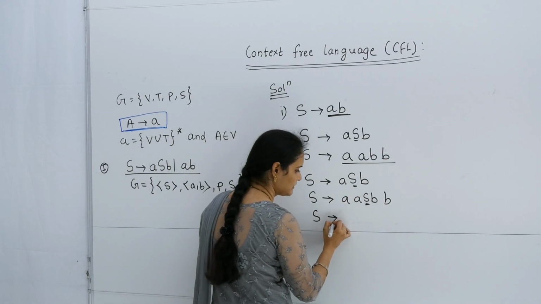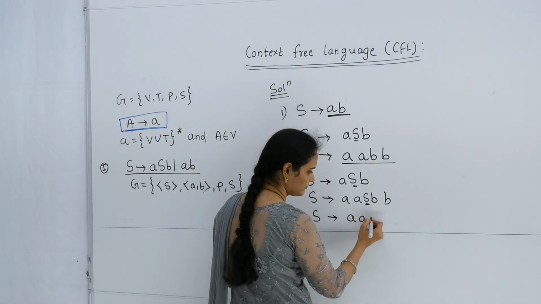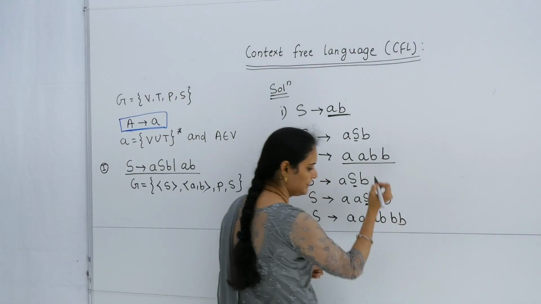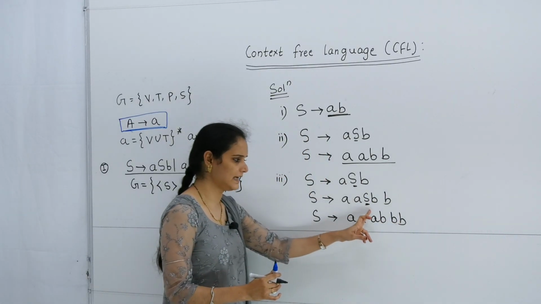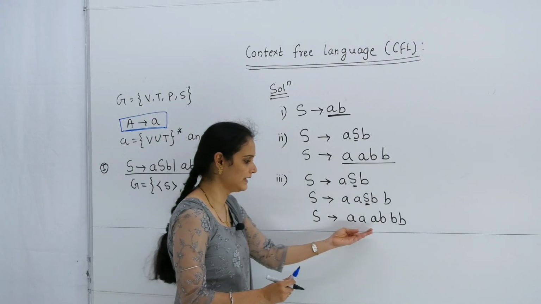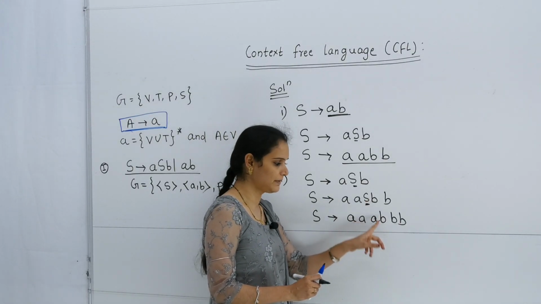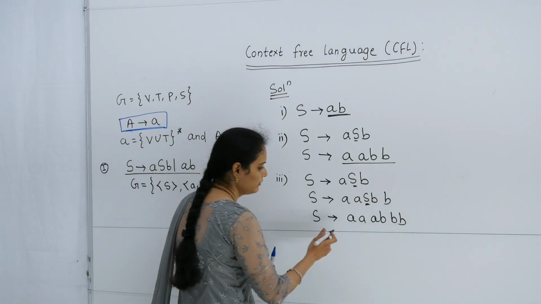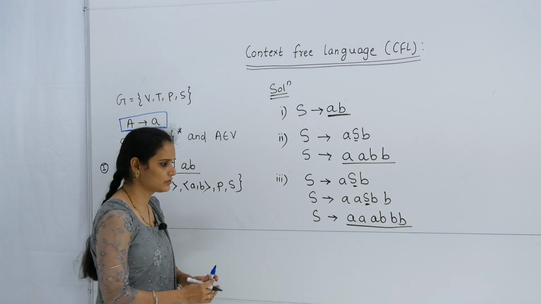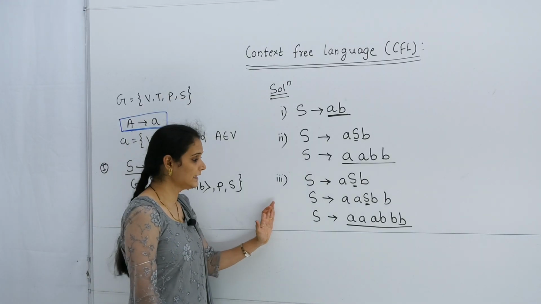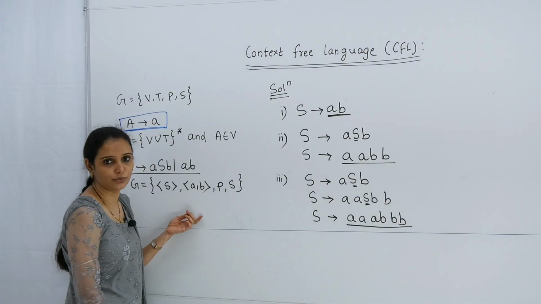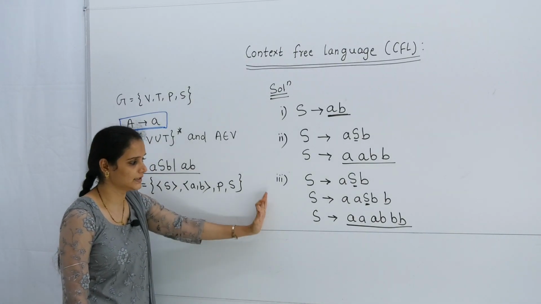So S produces AA, that S is replaced by AB, and BB. I can replace that S by ASB also, or we can replace it by AB also. Here I have replaced that S by AB. So we obtain the string triple A, triple B. Students, derive 4 to 5 different strings by using the production rules given. So we have derived 3 strings.